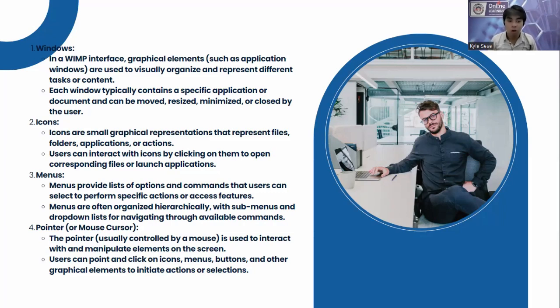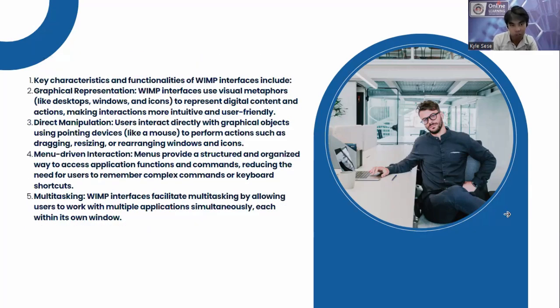Fourth is the pointer, or the mouse cursor. The pointer, usually controlled by a mouse, is used to interact with and manipulate elements on the screen. Users can point and click on icons, menus, buttons, and other graphical elements to indicate actions or selections.